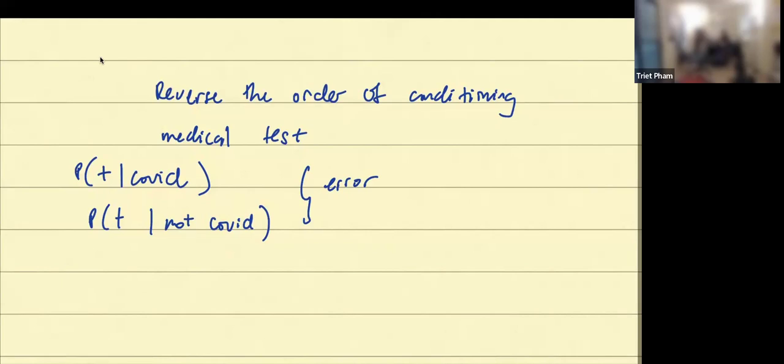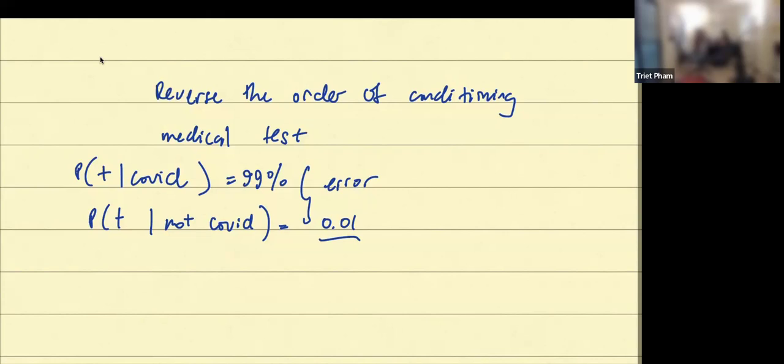Hopefully the precision is high, for example this is 99%, and this is low, 0.01 or 1%. But the point is, it's not 100%, or not 0. So medical testing is, at least naturally, a conditional probability.